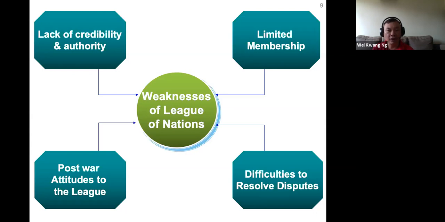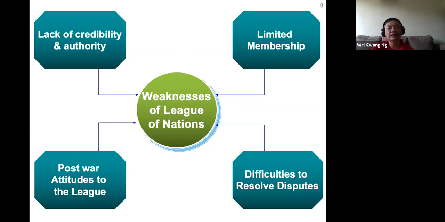In the next few pages of your worksheet, Mr. Ng has given you a couple of political cartoons to work with. The political cartoons help you understand a little bit about the LON. A clue is that all those cartoons will address either one or some of the weaknesses found on this page that you see over here. So I repeat myself again.